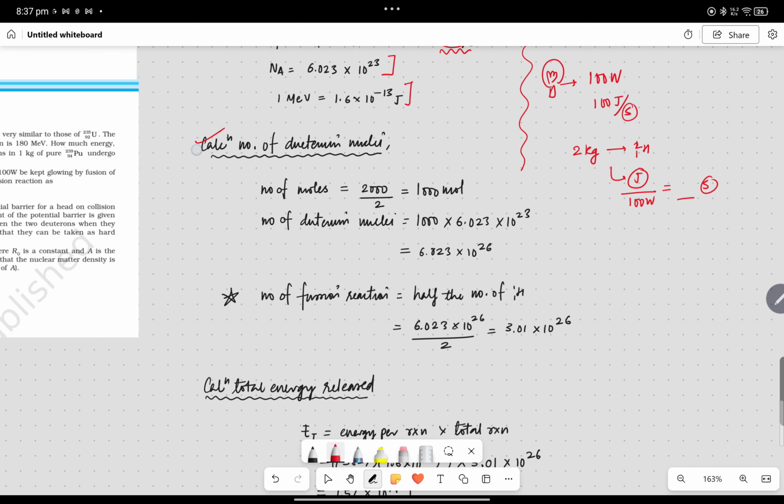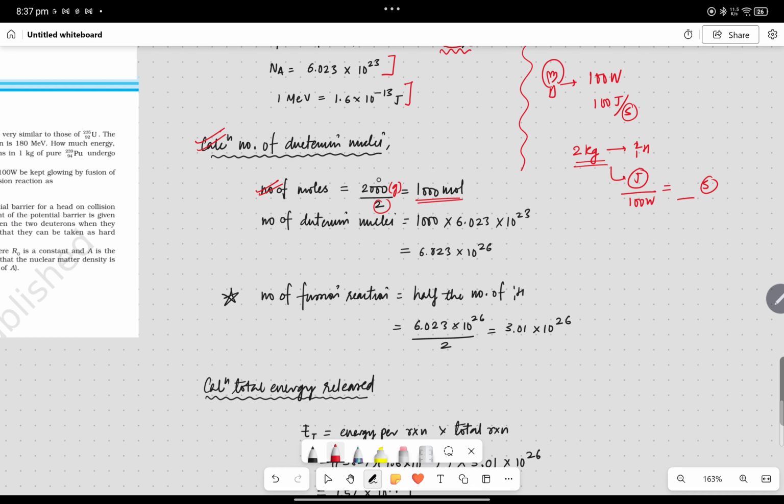So first of all, we have to calculate the number of deuterium molecules, then we multiply that by the energy we get per reaction. The number of moles of deuterium: 2 kg is 2000 gram, and then divide by 2, this 2 being the molecular weight.